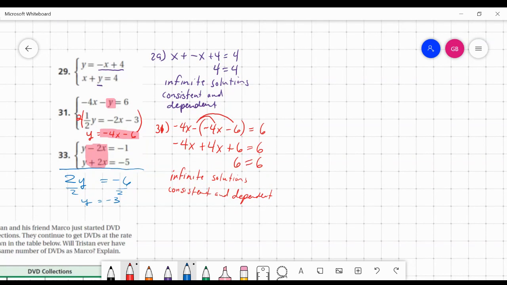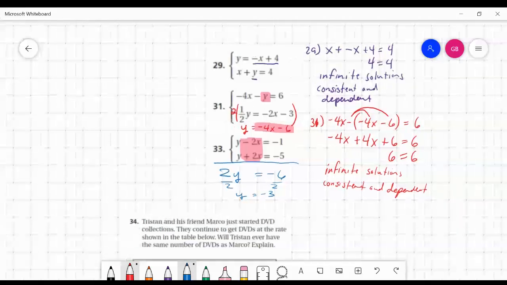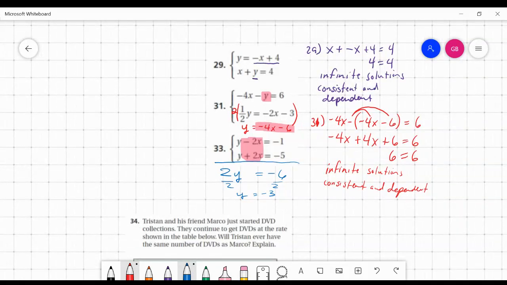And if y is equal to negative 3, let me work over here on this side. I'm going to plug it in. I plug it into that first equation. y minus 2 times negative 3 is equal to negative 1. So y plus 6 is equal to negative 1.